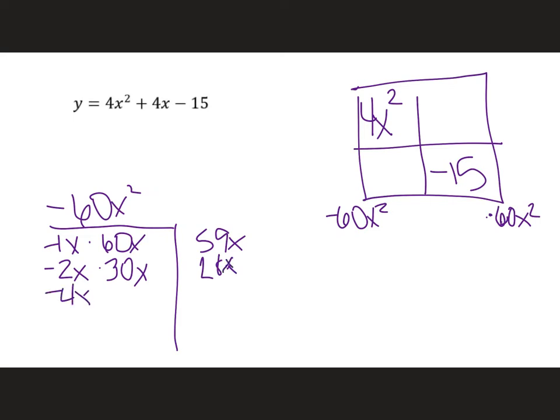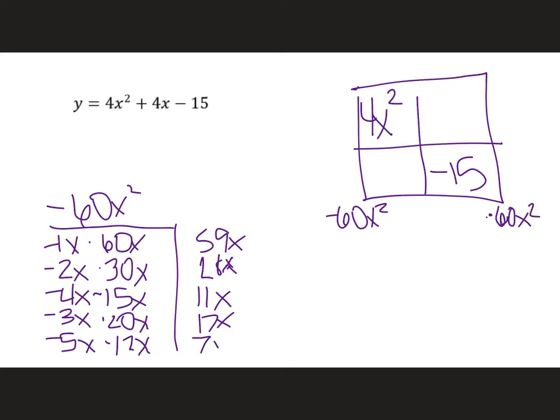Negative 4x and 15x would be 11x. We're getting there. I skipped one. Let's see. Negative 3x and 20x would be 17x, too large. Negative 5x and 12x would be 7x when it's combined. We're getting much closer. Negative 6x and 10x would be 4x. There we go. There's the one I need.